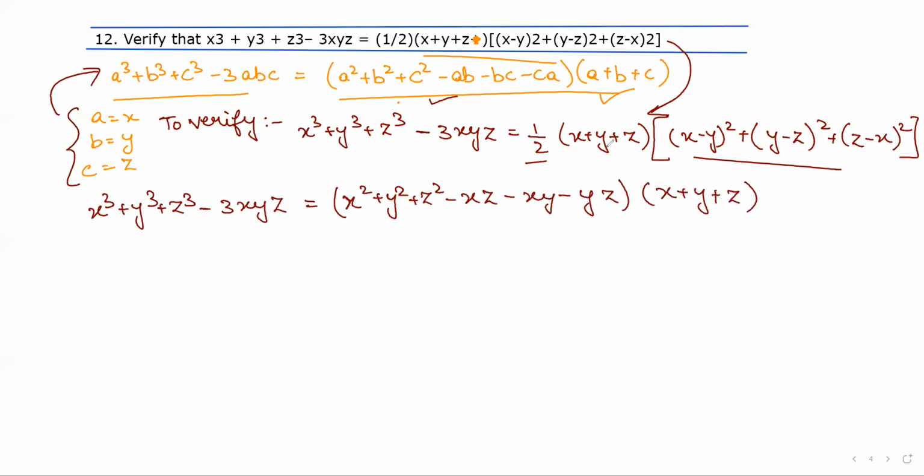So you have this much, you have this much. All you have to do, in place of this much, you should get 1 by 2 and your last square bracket. So this is x plus y plus z.